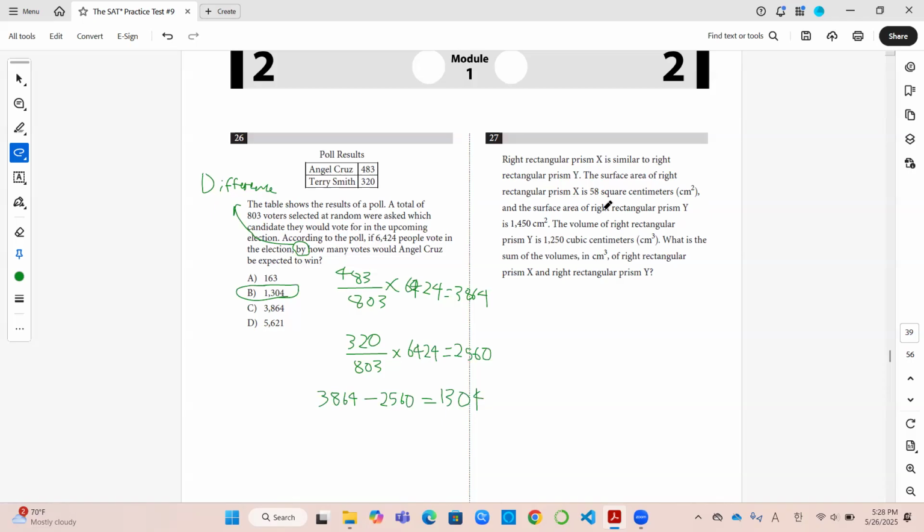Okay, so I can write down the surface area ratio between X and Y, so 58 to 1450. I'm going to divide by 58 on both sides. And since this is a surface area ratio, we're using this 1 to k squared relation. So k squared is 25. K is equal to 5.